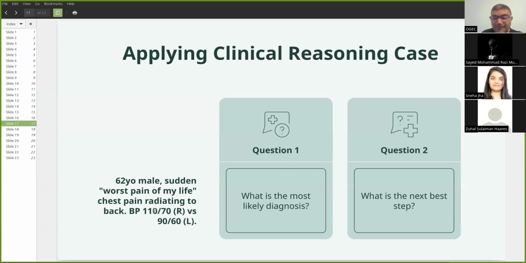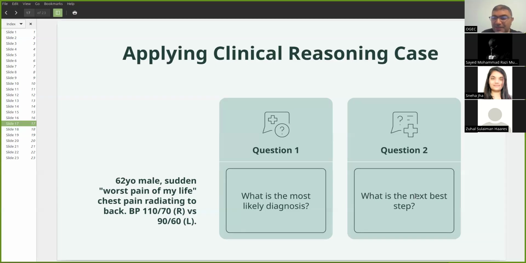So it is suggestive of aortic dissection. Yes. Thank you. So we have the red flags and we have the scenario, so we can think about the most likely diagnosis.